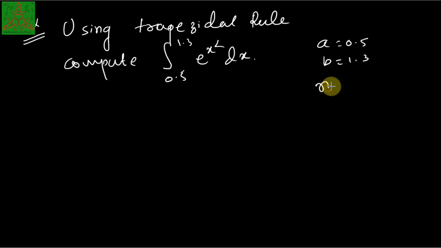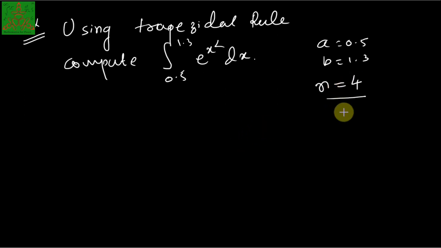So I am fixing n equal to 4. If you pick n large, then your answer is more accurate, that means the area under the curve is more accurate. For our understanding, we fix a smaller n. It is better to choose a large n if you want an accurate answer.